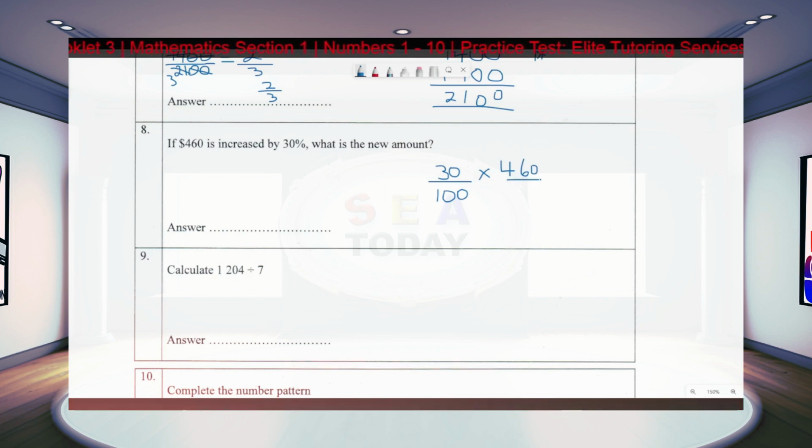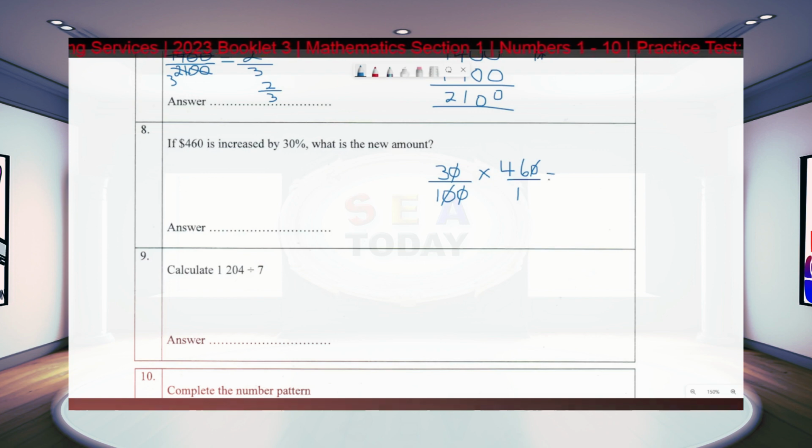We want to see how much money we need to increase this by, and we're going to start to reduce by eliminating these zeros. So we cross off a 0 in 100, cross off the 0 in 460, cross off the 0 in the 10 remaining underneath, cross off the 0 in the 30 on top.